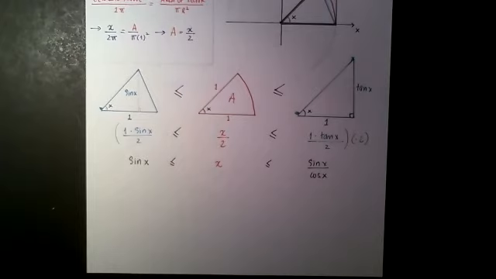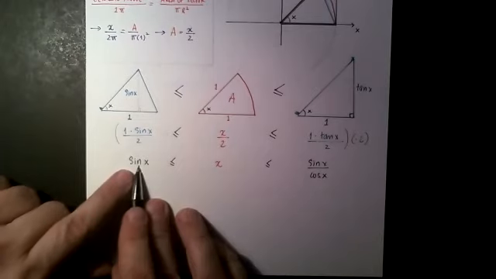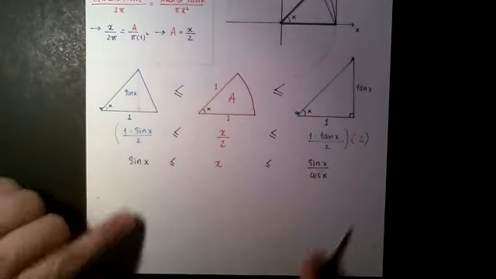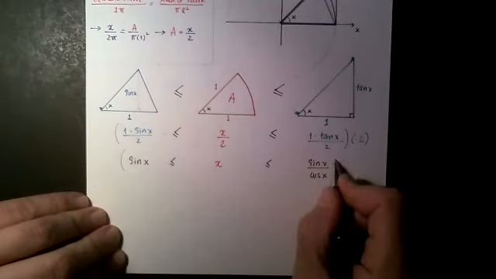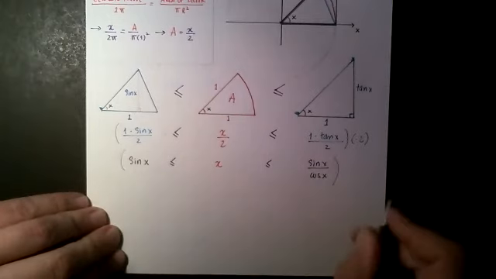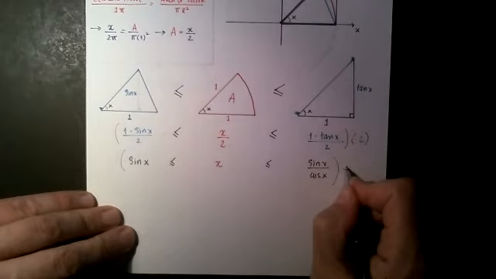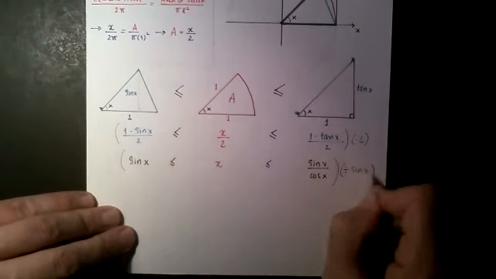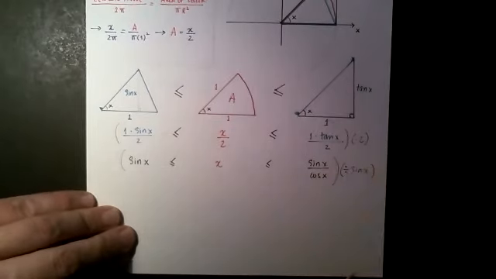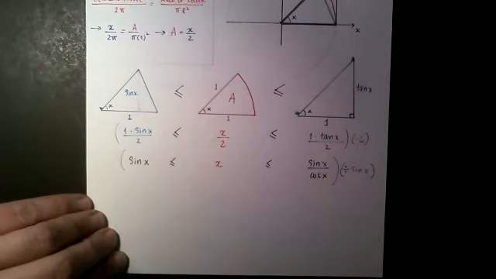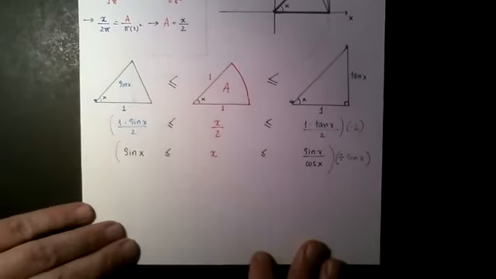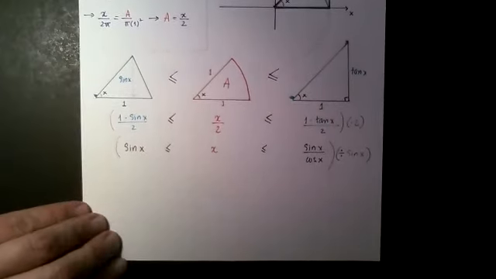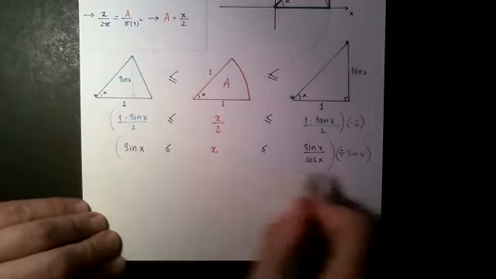All right. Now, I see a sine x here, I see a sine x here, so I'm going to divide everything, all 3 parts, by the sine of x. What's left on the left side?